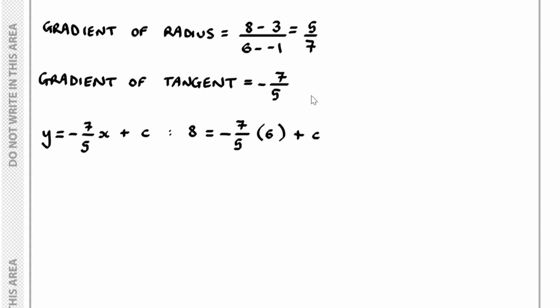So, if I multiply through by 5, we have 40 equals minus 7 times by 6 plus 5c. 40 equals negative 42 plus 5c.